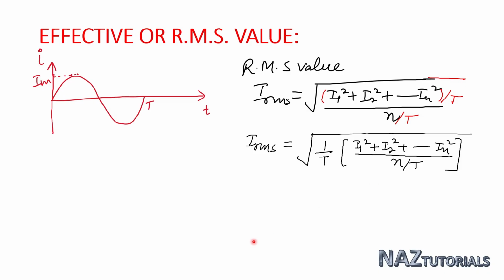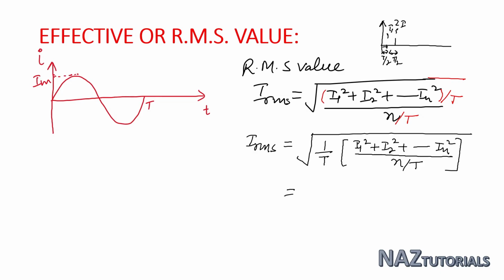So you can think this is the area of I square which is divided into small sections. Its value is I1 square, I2 square, divided into small sections of T by n, and its y-axis value is I1 square. So it is the area of I1 square, I2 square plus In square times T by n.